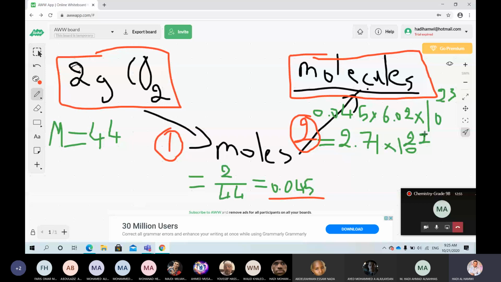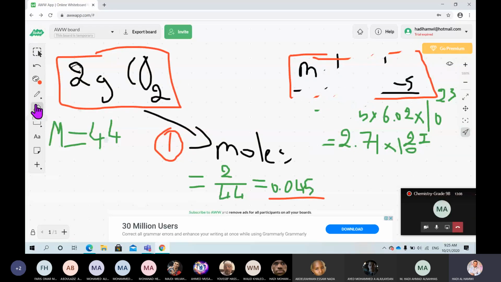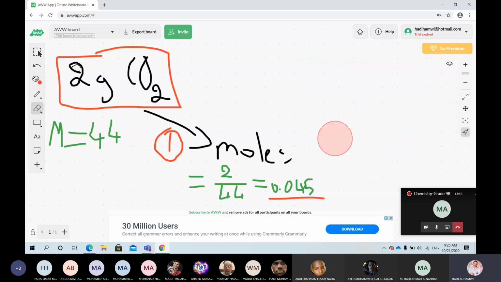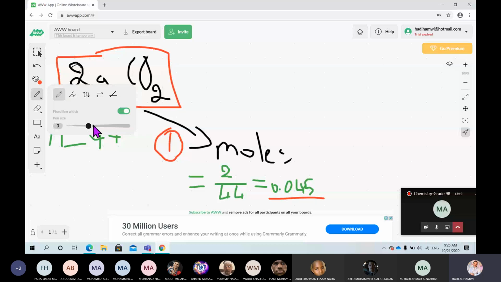Sometimes they will ask not about the molecules, they need the atoms.